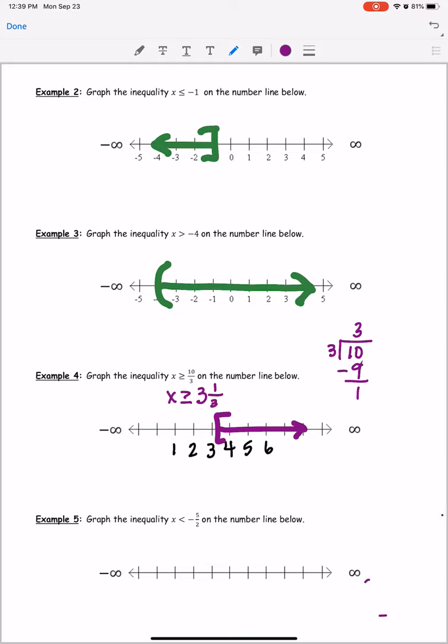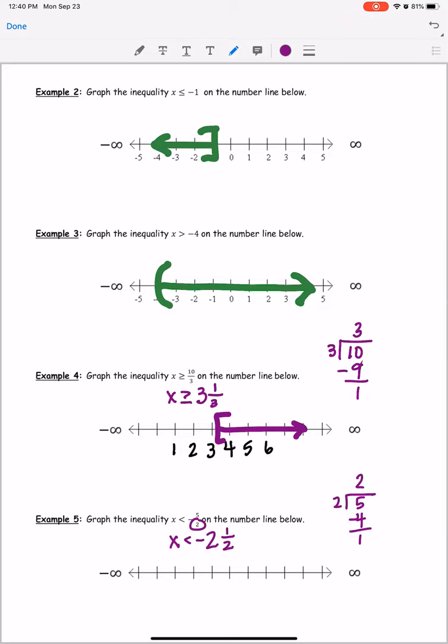-5/2. So let's go 2 into 5. 2 goes into 5 2 times, multiply it back to get 4, subtract, and we get 1. So this is the same as x is less than negative 2 and 1/2.